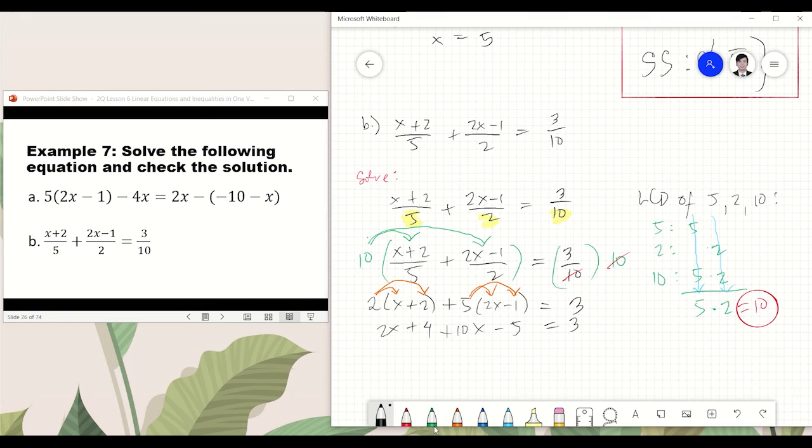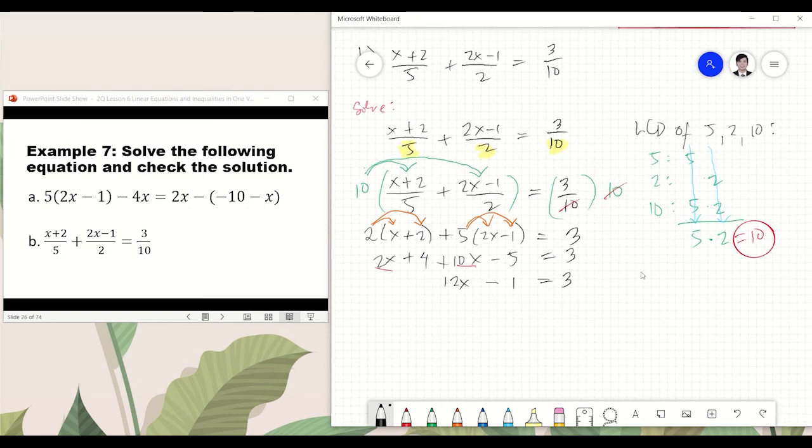Then, combine like terms. 2x plus 10x, that's 12x. 4 plus negative 5, negative 1. Okay. So now, nakasimplify na yung left side natin at saka right side.